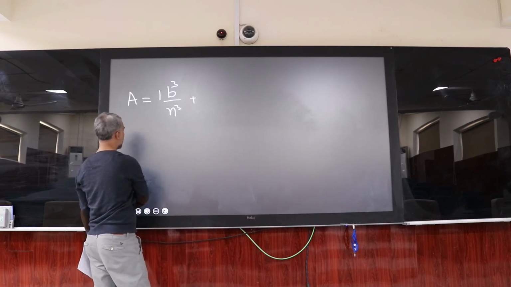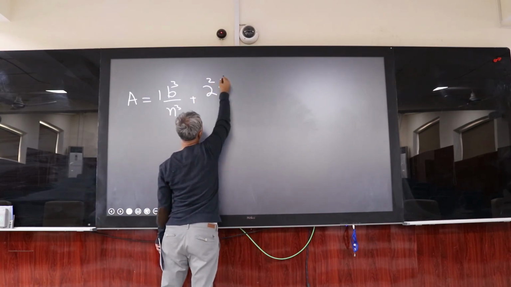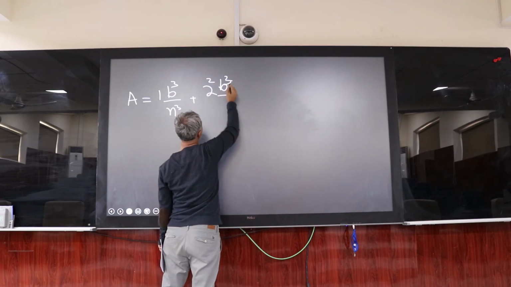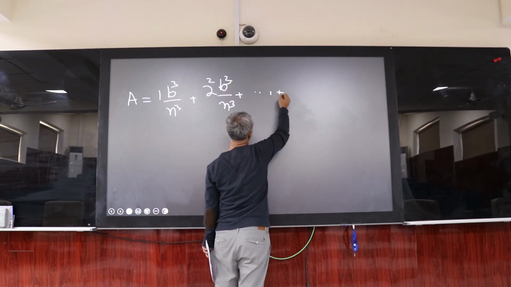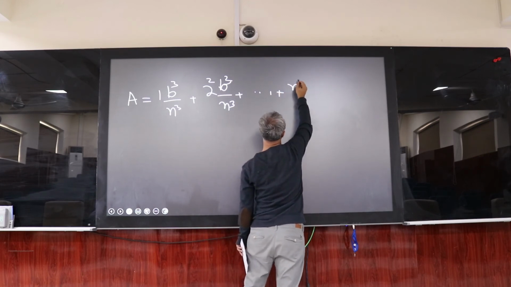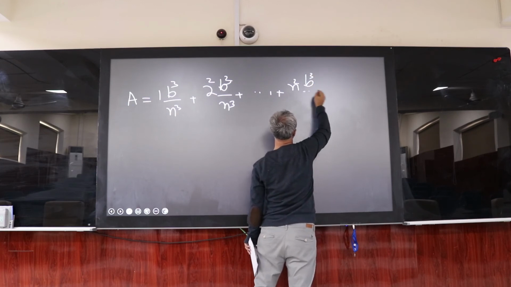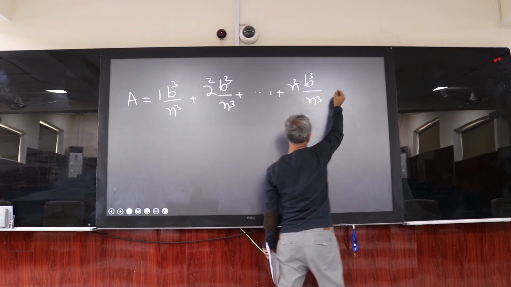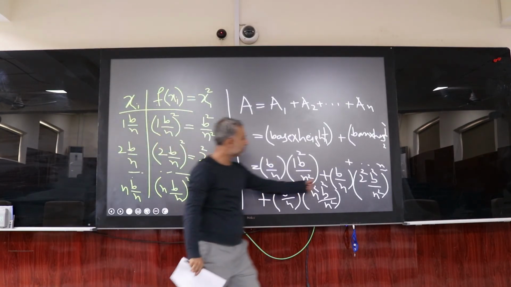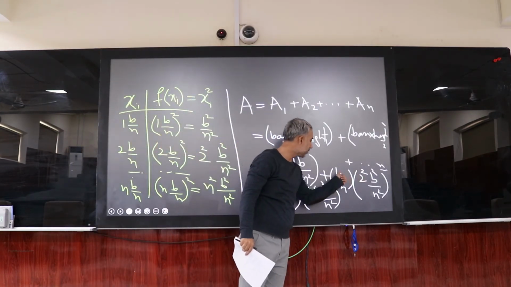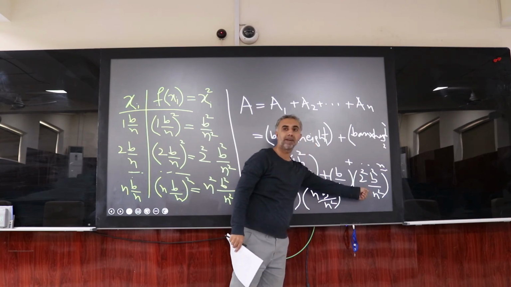Again, 2 square b cube over n cube, up to n square b cube over n cube. See, b will multiply b square, it will become b cube, and n will multiply n square, it will become n cube.